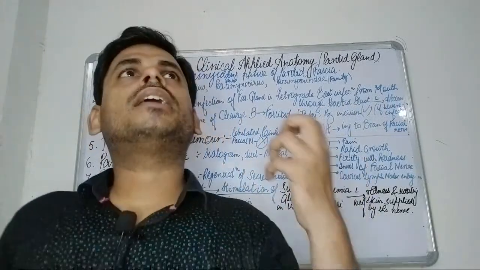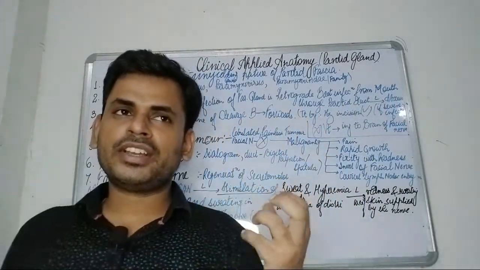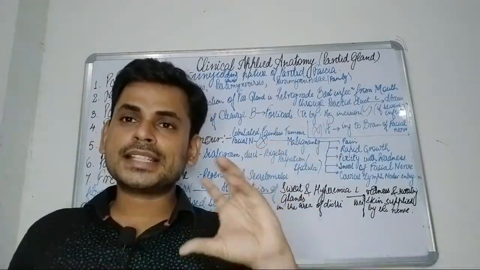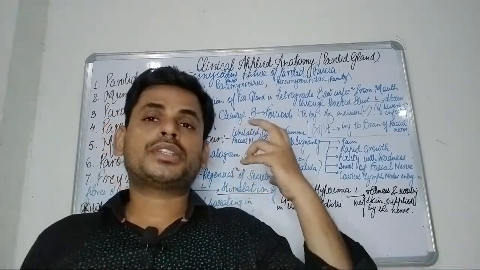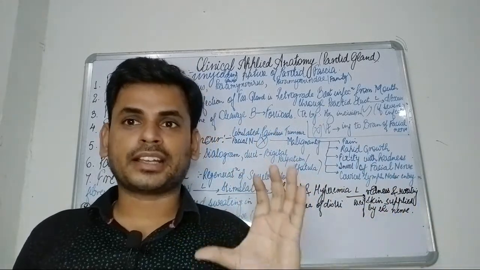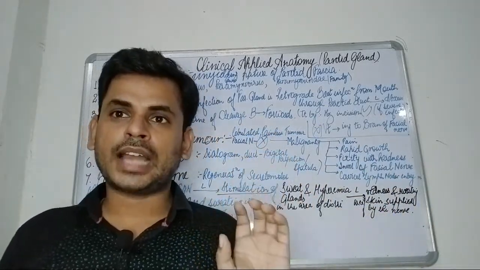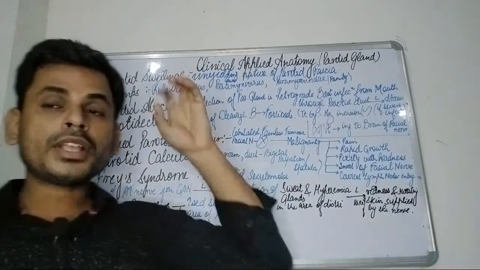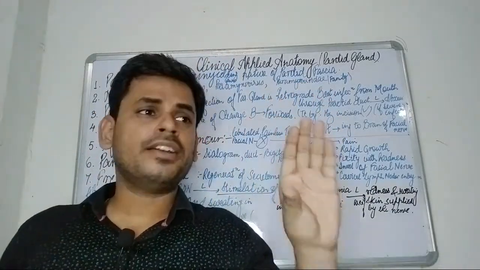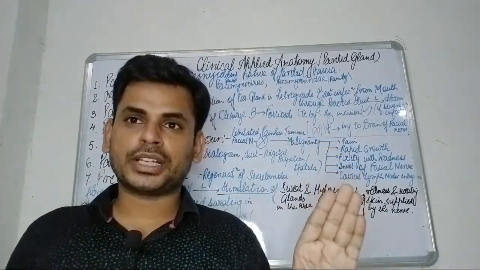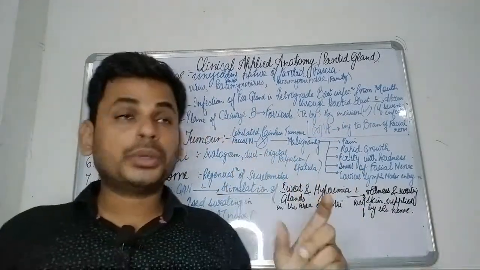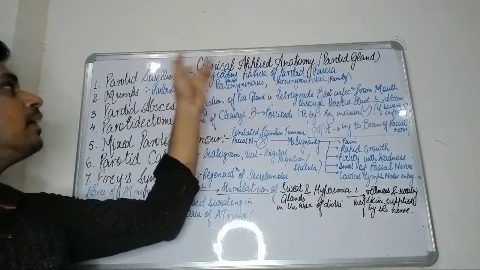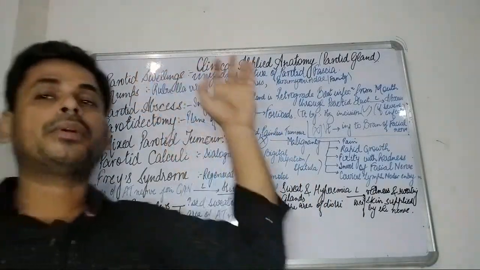Students, you might be well aware that the parotid gland is encased inside a very firm superficial lamina, which is very thick and strongly adherent to the gland. Since it is so firm and strongly adherent, it is quite unyielding. So the first clinical applied anatomy is the parotid swellings.